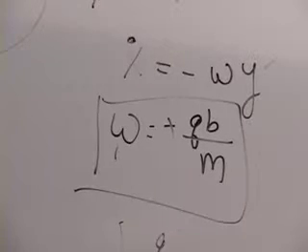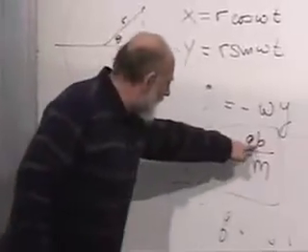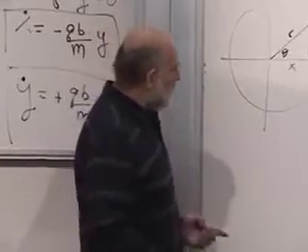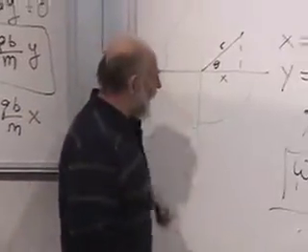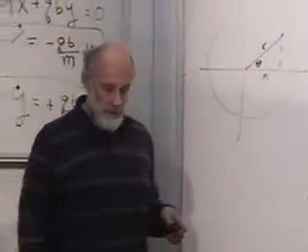Notice that combination, the ratio of charge to mass, times the magnitude of the magnetic field. That's the angular frequency. The larger the charge, the larger the angular frequency. The larger the mass, the slower the angular frequency.